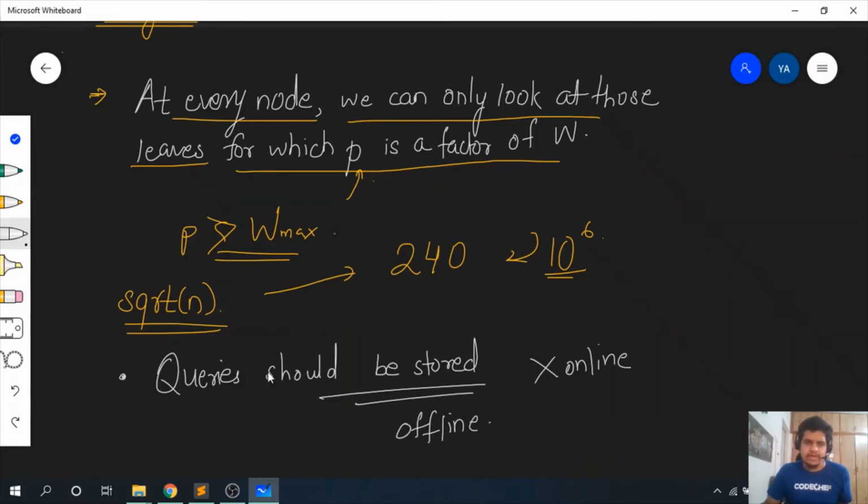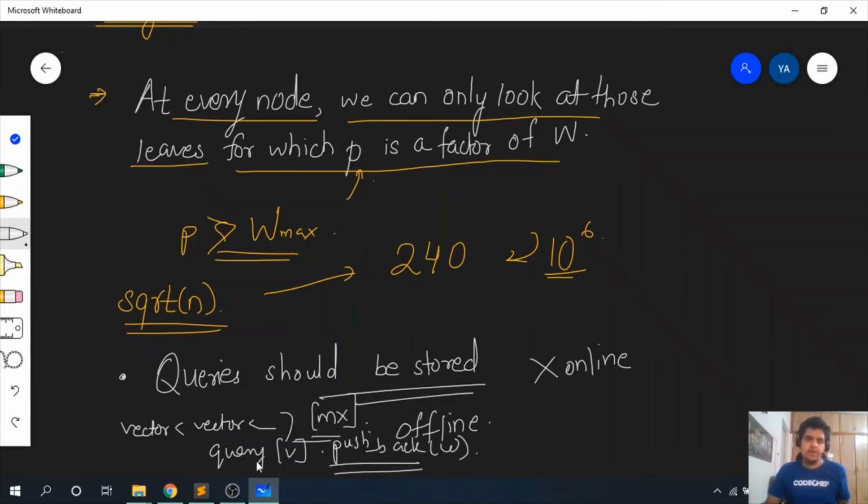We can maintain a vector of vectors of size mx, where mx is 10^5, and for every query we can just push W. So we maintain the different W's for each query at the node v. Cool. Now let us proceed with this thought.